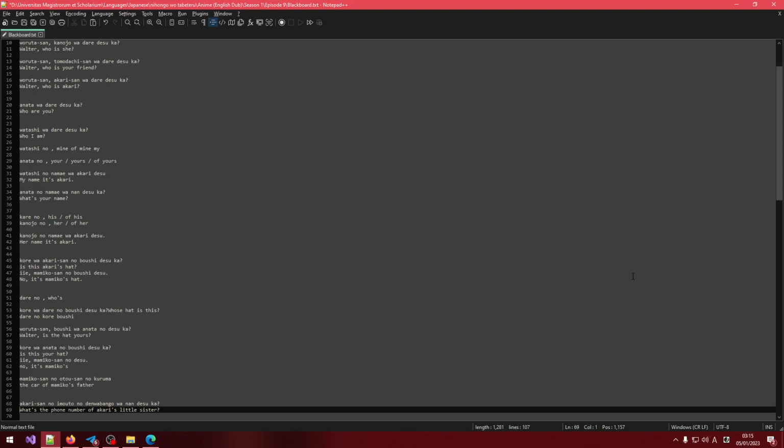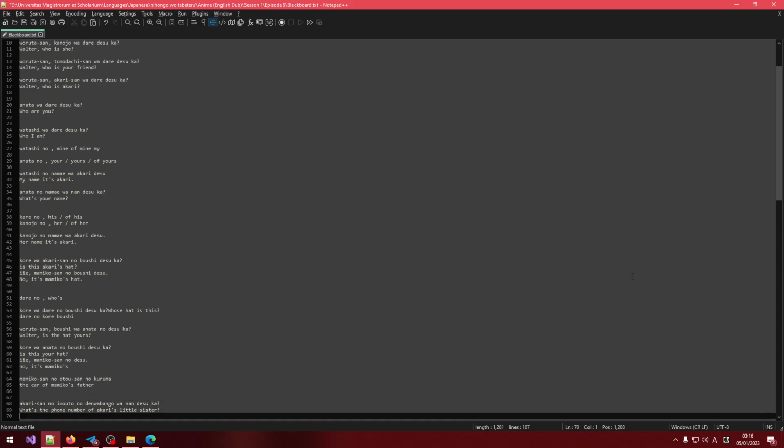There's not too much grammar involved in this sentence, but even so, it's a very long one, and it's interesting because we are applying just a little amount of knowledge, basically the no particle, the wa and nan desu ka, but it feels really good to say it, like Akari-san no imoto no denwa bango wa nan desu ka? What's the phone number of Akari's little sister?